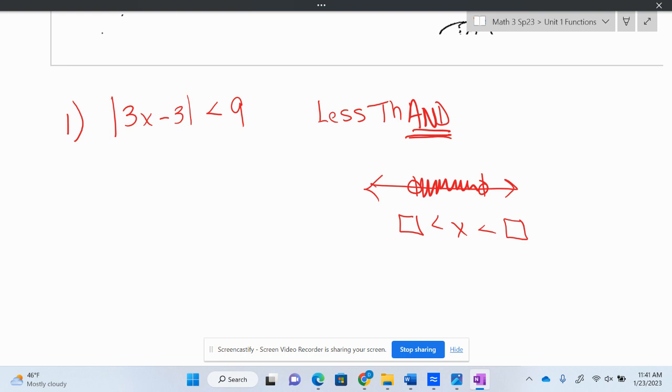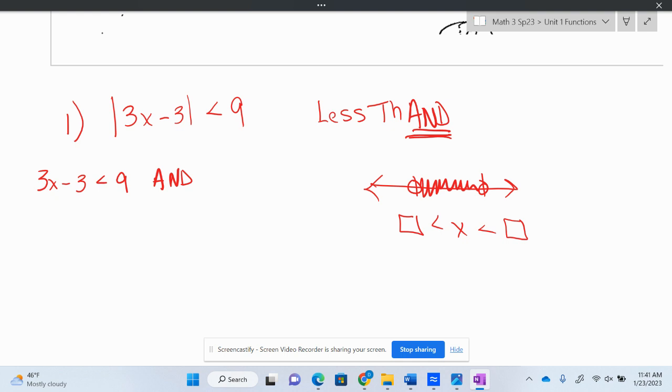So we already have the absolute value all by itself on the one side of the inequality. So I have to rewrite two inequalities. So remember, with the first one, you just drop the absolute value symbols and write it as is. So my first one is 3x minus 3 is less than 9. And this is going to be an and.